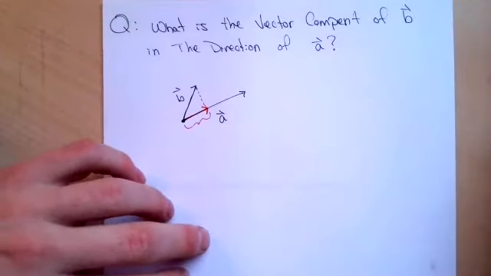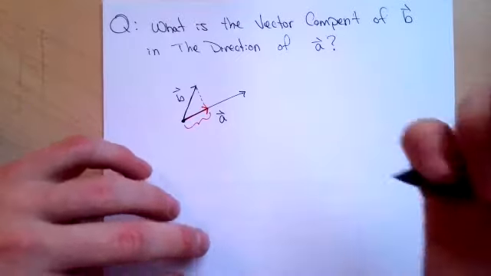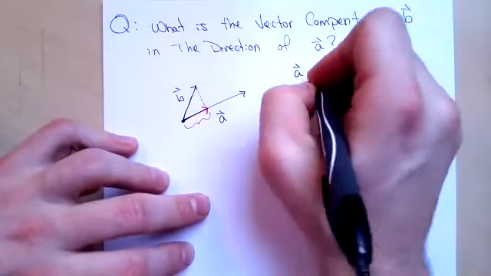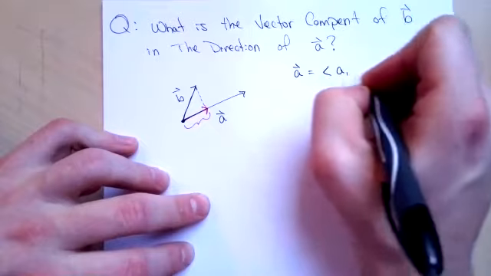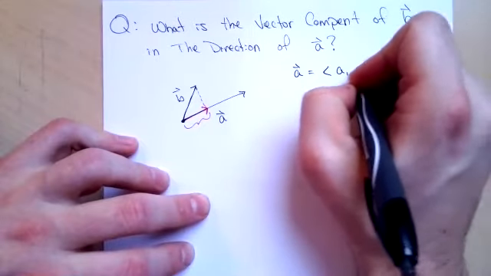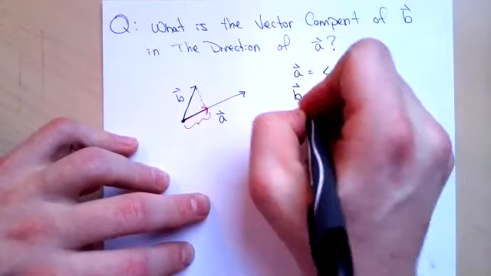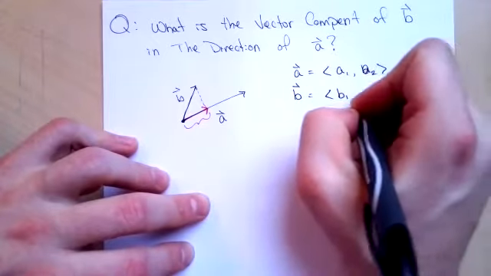From our work in the previous days, we define A with coordinates A1, A2, and B as B1, B2.